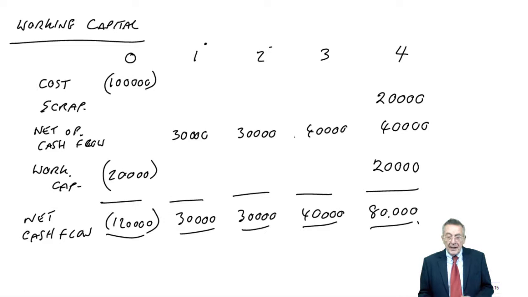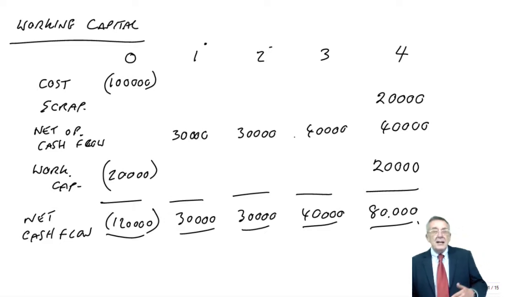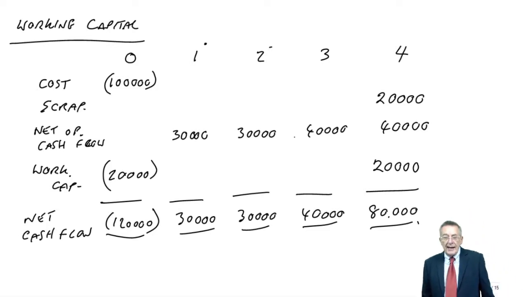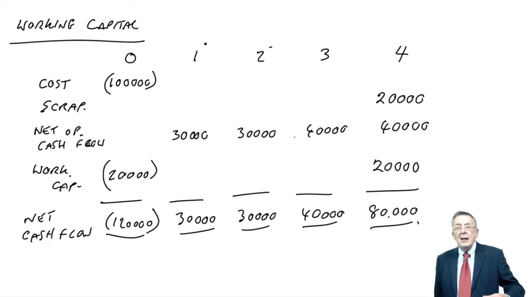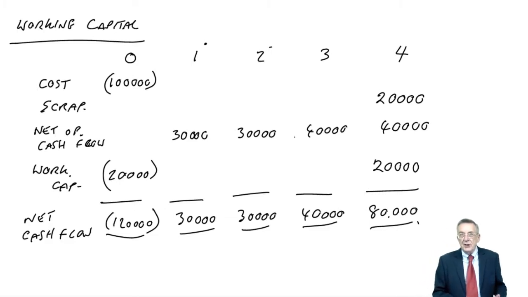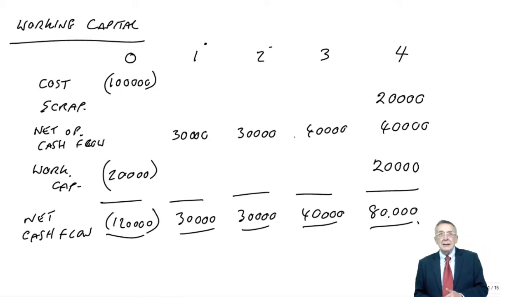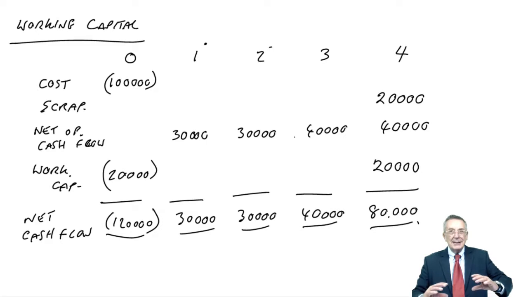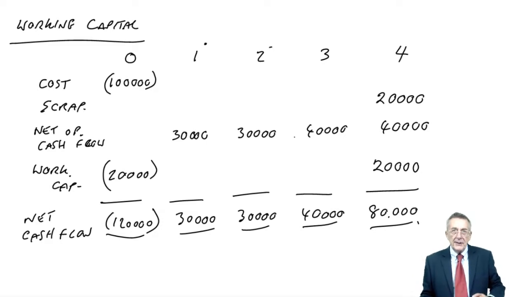But one extra little complication is, although you have to pay tax on your profits, you should be aware that the capital expenditure will entitle us to capital allowances or tax allowable depreciation. And so the actual tax payable will be on the profits less these capital allowances.